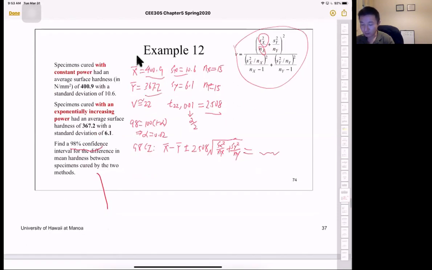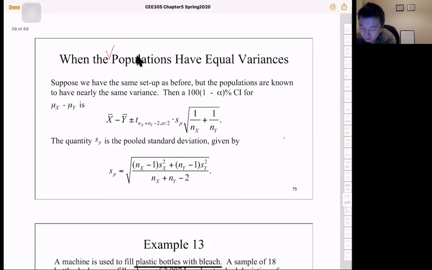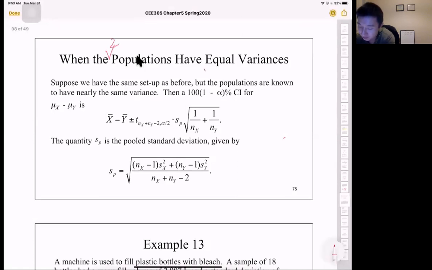The above example considered the two populations having different variance. This is the general case, but if the two populations have the same variance, we have another simplified equation shown here. Again, for any type of confidence interval, if they have equal variance, we use this equation.